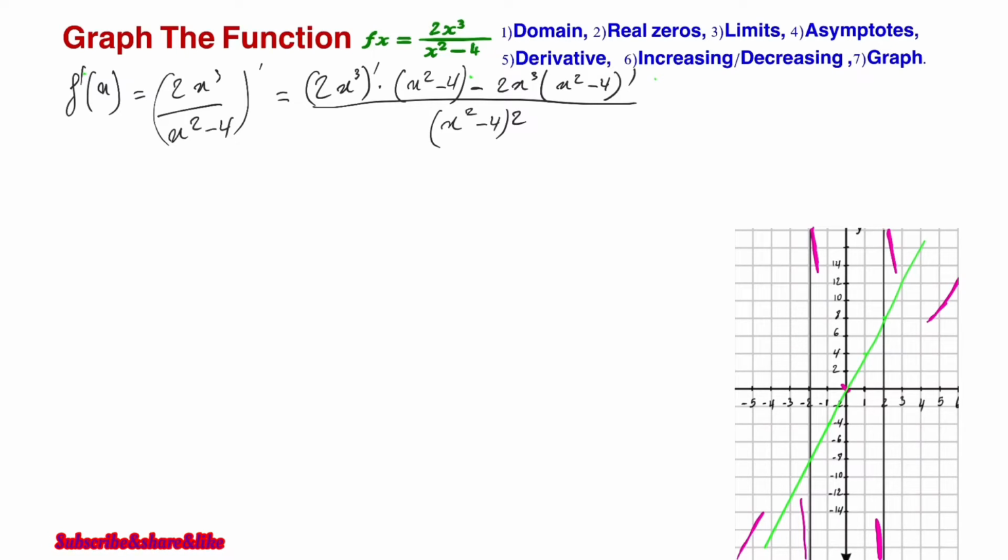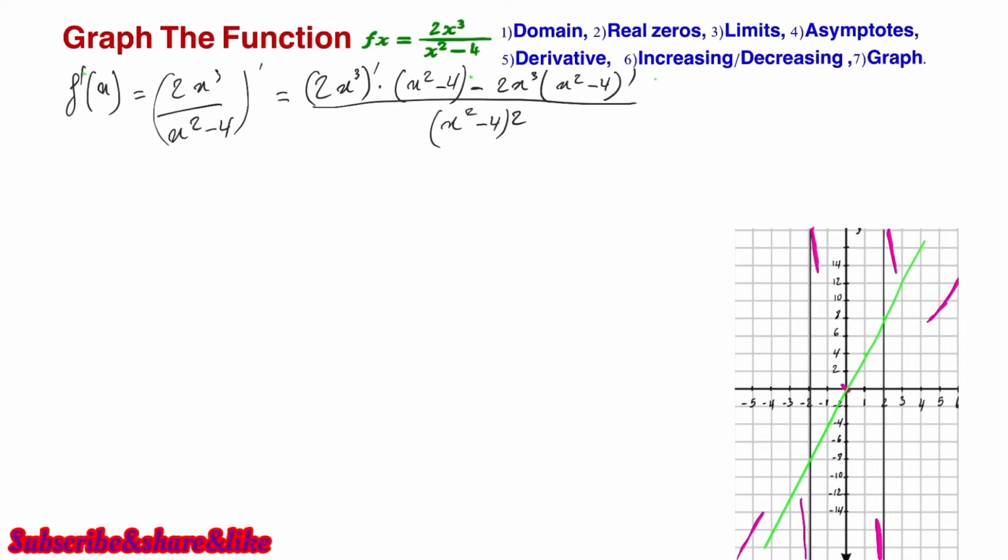When we have something like that, the derivative is very simple. We just do the derivative of this one, multiplied by this one, minus this one, multiplied by the derivative of this one, over this one squared. This is what we did here. This is the way we do the derivative when we have a rational function.